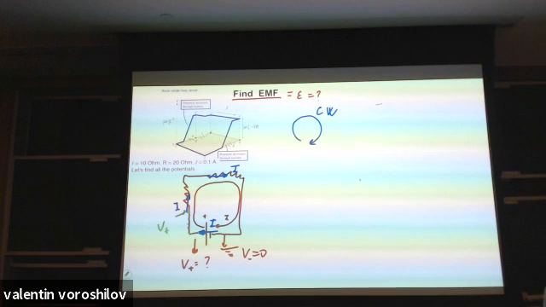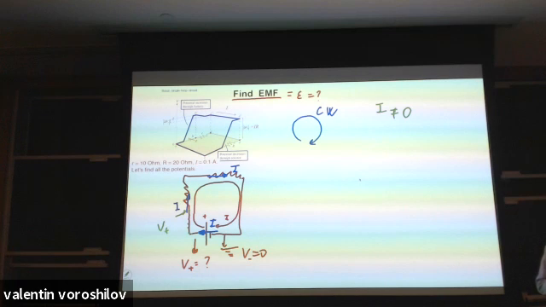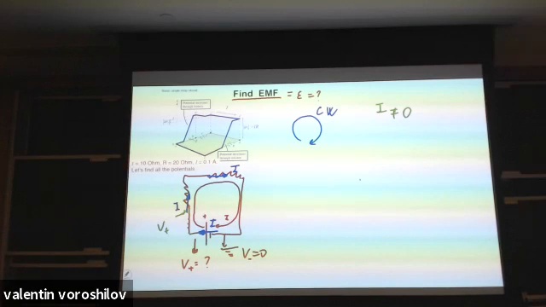And because electric current is not zero, electric potential drops to a new value, let's call it V1.